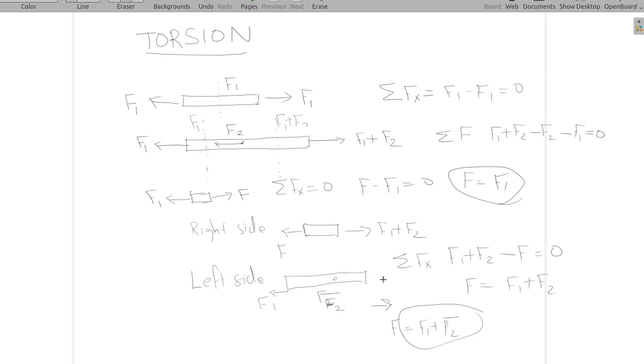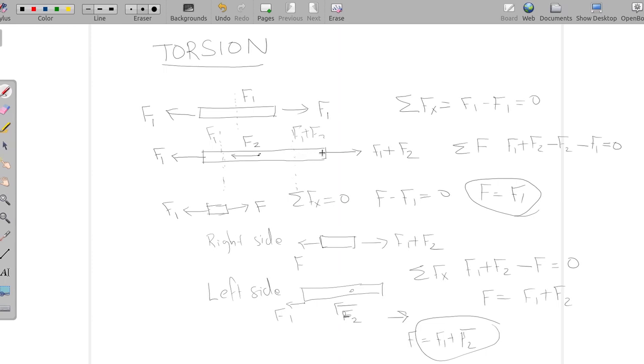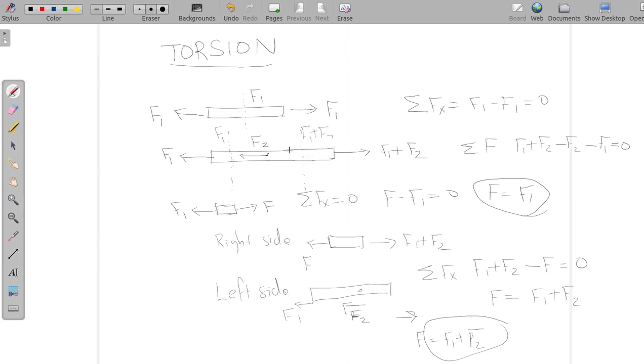That seems contradictory, but that's completely okay, because internal force resultant means that when I cut this part out, to keep it in equilibrium, the left side of the part is pulling the right side towards left, and the right side part is pulling the left side towards right. That's what the internal material of this bar is doing there.